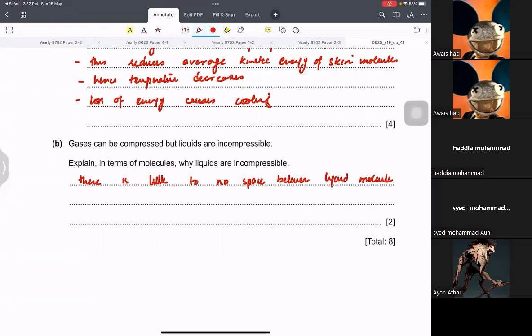So explain to them why liquids are incompressible, right? This is because of large intermolecular forces.